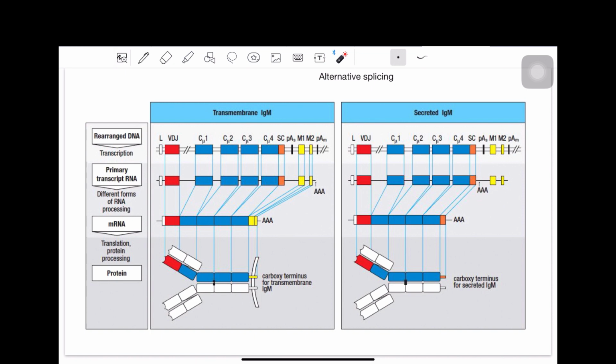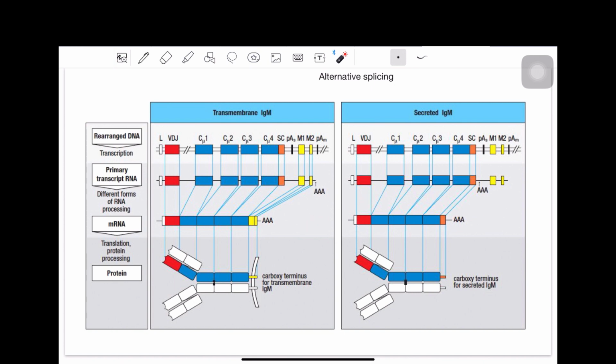And hence the M1 and M2 sequences are spliced out from the premature mRNA. Therefore, they are not present in the mature mRNA of the secreted form.